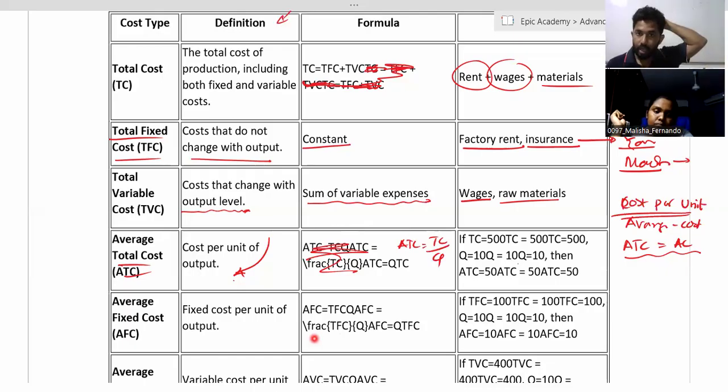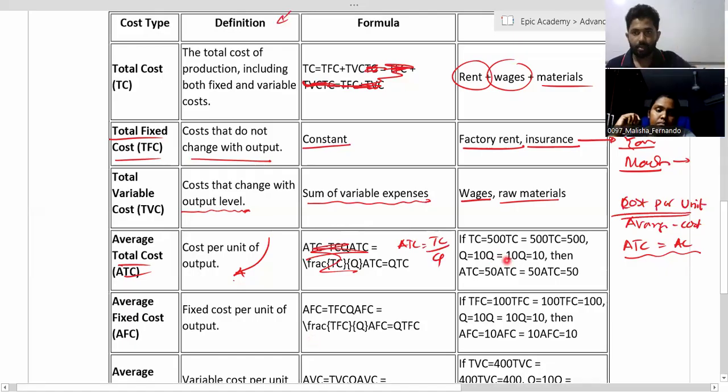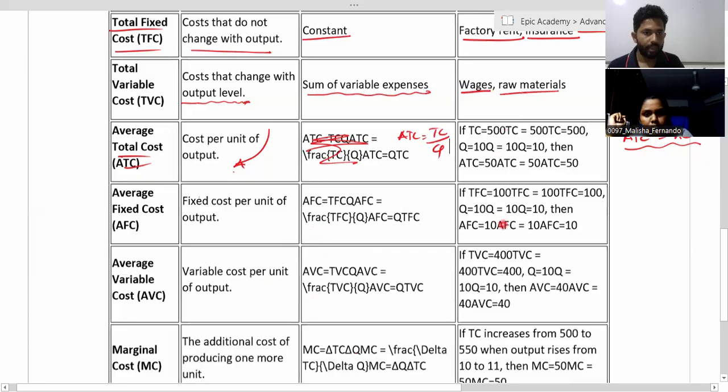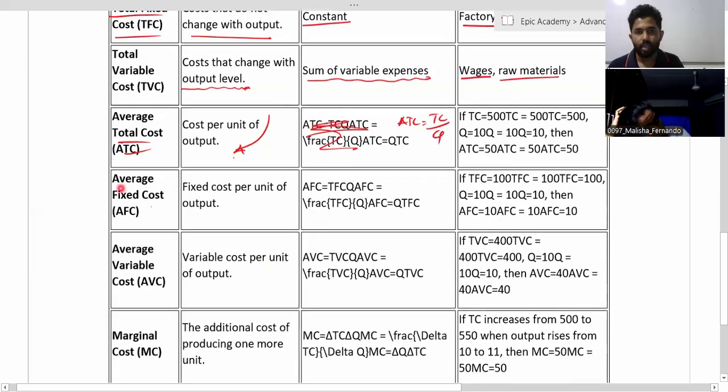Okay, I will describe the calculation in a different way. And this is average fixed cost. Average fixed cost means fixed cost per unit.